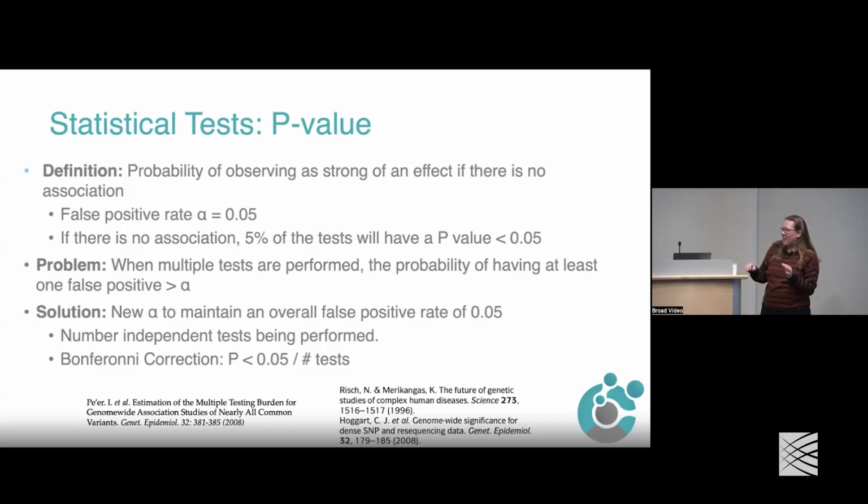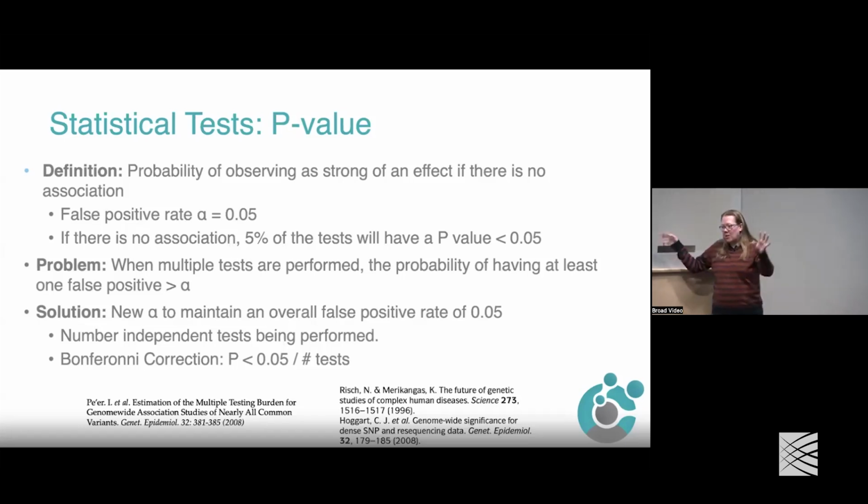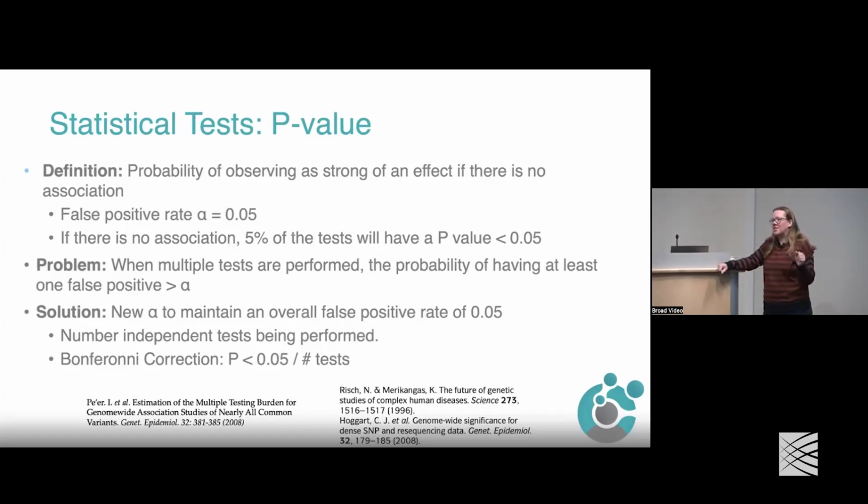Now, there's a lot of early literature on what this p-value should be in the case of genome-wide association studies. The field settled on the number 5 times 10 to the minus 8, which can be obtained in a couple of different ways, based on the genotyping array technology available at that time and linkage disequilibrium, another population genetics term, in the most likely samples that were being studied at that time.